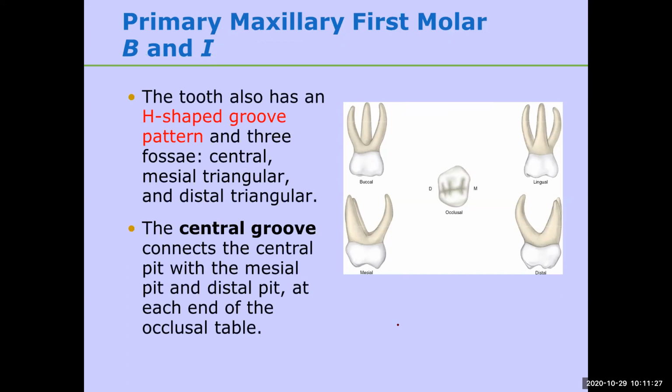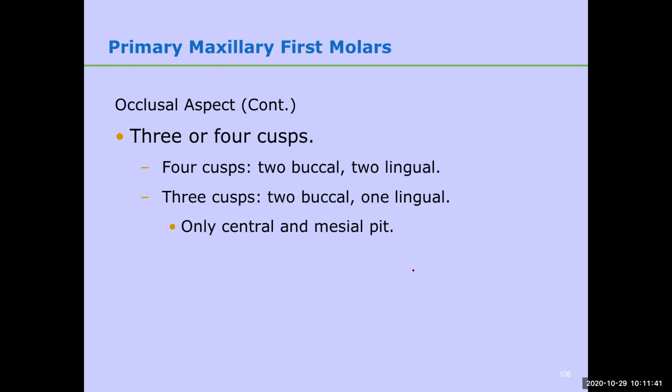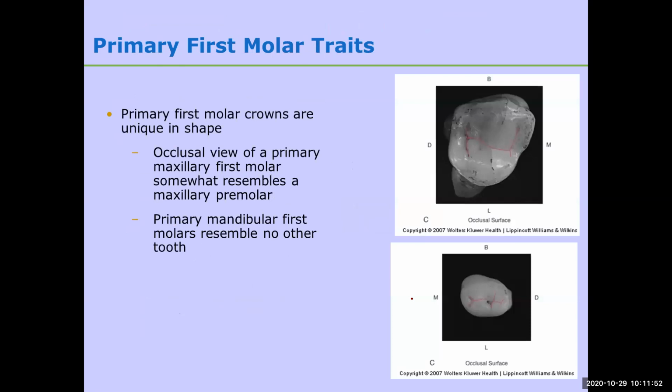The tooth has an H-shaped groove pattern on the occlusal. Got a central groove. For the maxillary first molars, you can have 3 or 4 cusps. So there's some variation.